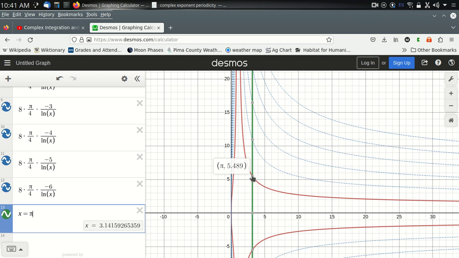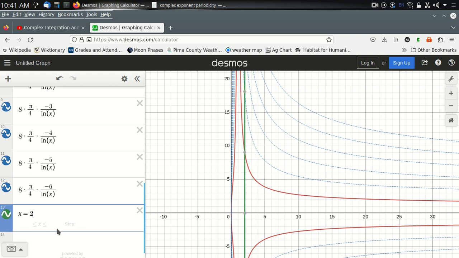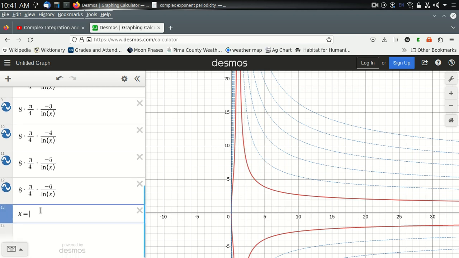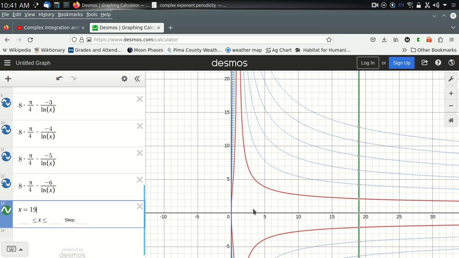That's weirdly close to 2e, isn't it? What is 2e? Interesting. Yeah, so I mean it could be anything, right?